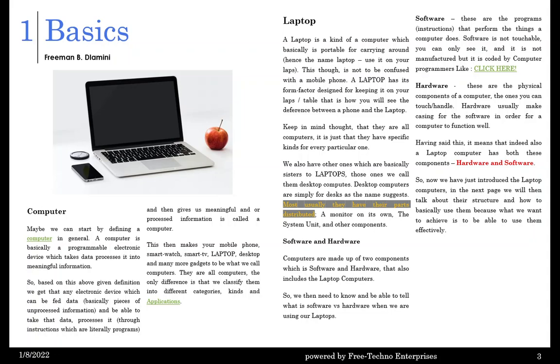We have the basics, which is the introduction: what is a computer. A computer is any electronic device that can be programmed, which can take data, process it, and give you information.